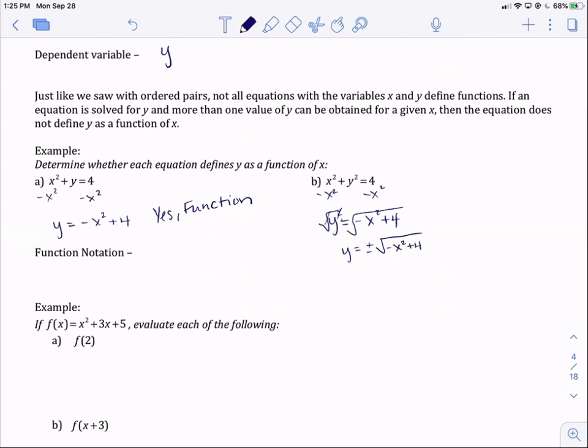So anytime we plug in a number, we're always going to get a positive answer and a negative answer. So that means it's not a function, because of that plus or minus. Usually whenever you see that plus or minus, automatically it's not a function. So if you ever start off with y squared, that's a good sign that it's not going to be a function.